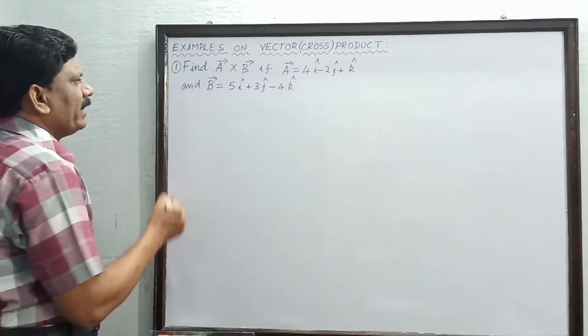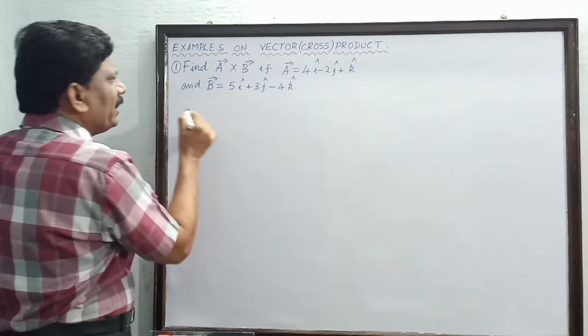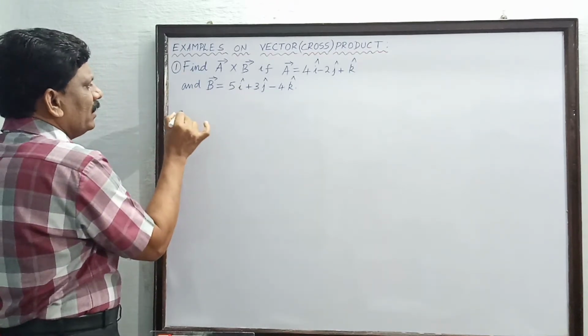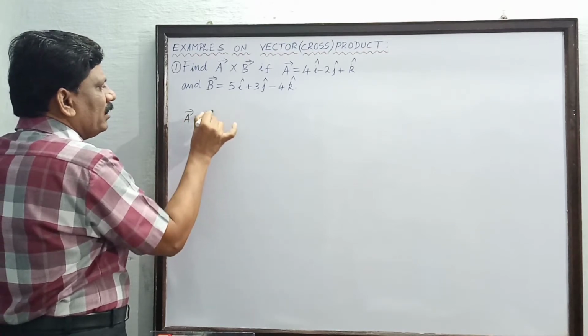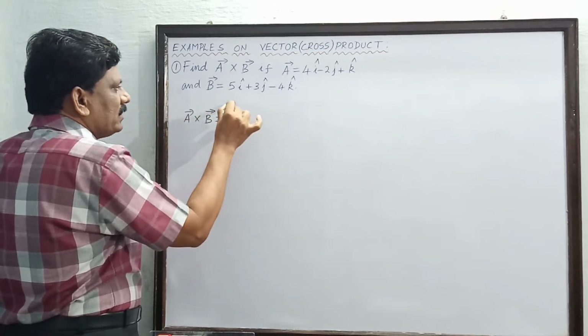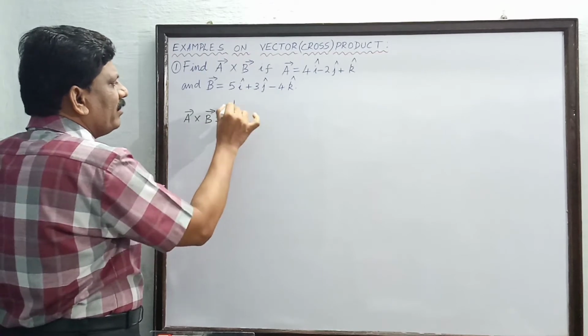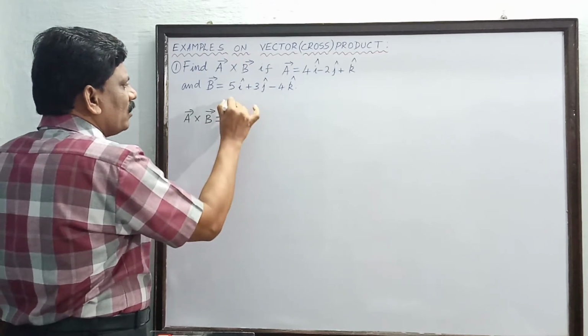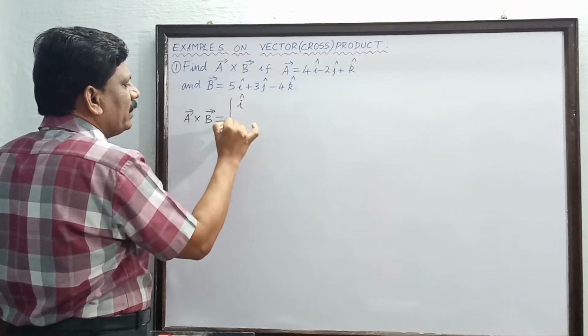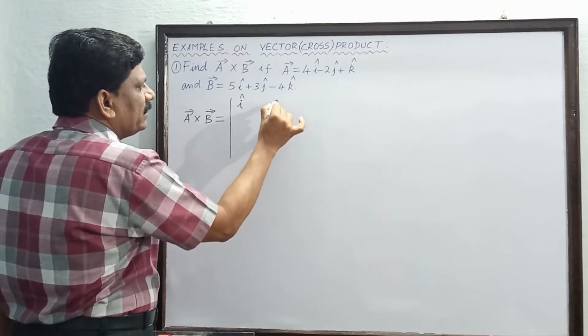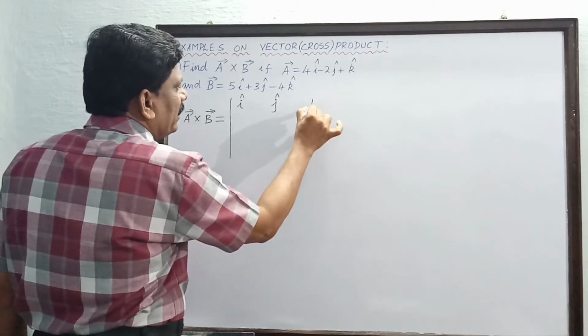As usual, now we will write this in the component form, that is, determinant form. A vector cross product B vector. So in determinant form, the first row is i cap, j cap and k cap.